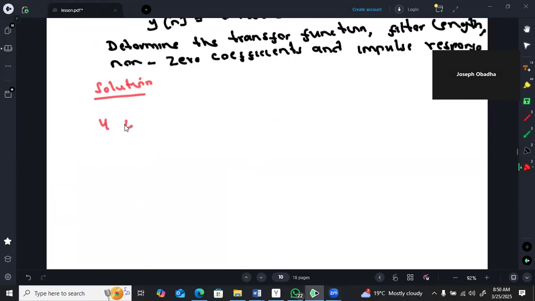So we have y of z equal to 0.1 x of z plus 0.25 x of z z minus 1 plus 0.2 x of z z minus 2.